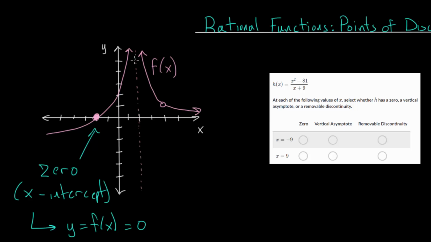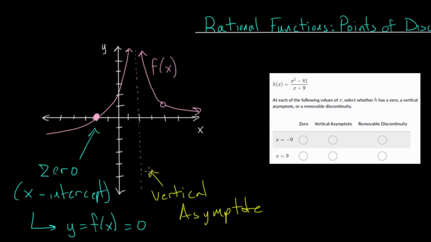Now right here you can notice this is a dashed vertical line, and this is what we call a vertical asymptote. And vertical asymptotes are just values of x, our independent variable, that lead to the denominator being equal to 0.